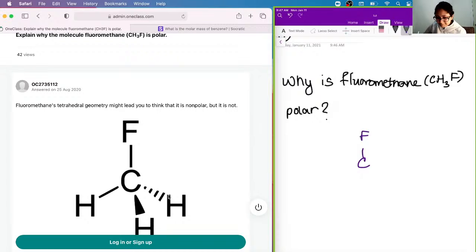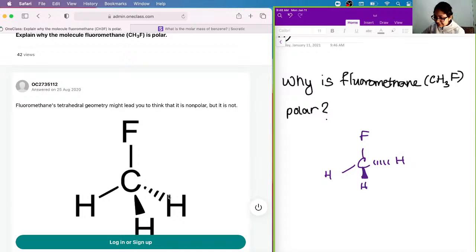You have fluorine, hydrogen, and hydrogen. So this is your structure for fluoromethane, and now we're supposed to find why it is polar and not nonpolar. Though it contains four polar bonds, the magnitude of the bonds is different.